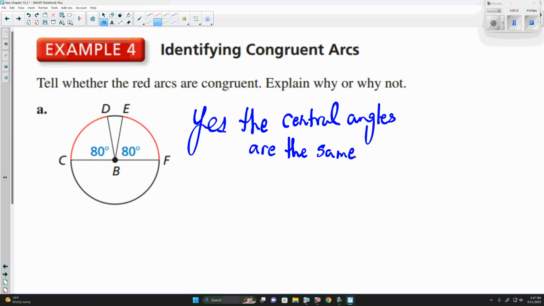A central angle is an angle whose vertex is on the center of the circle and whose sides are both radii. Or just an angle whose vertex is on the center of the circle. Four radii that are drawn. Questions on this here?